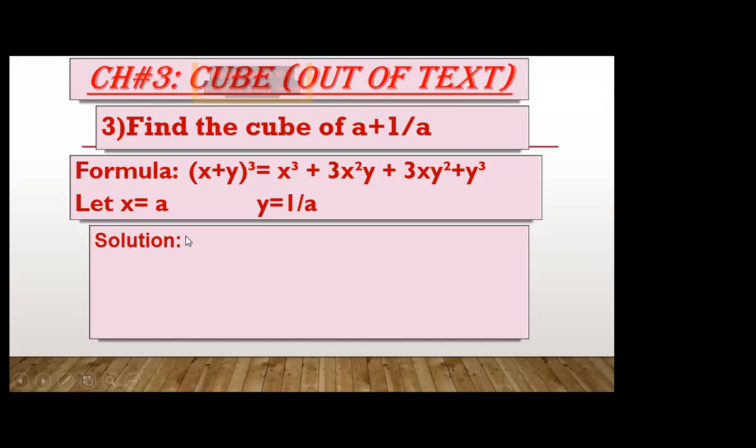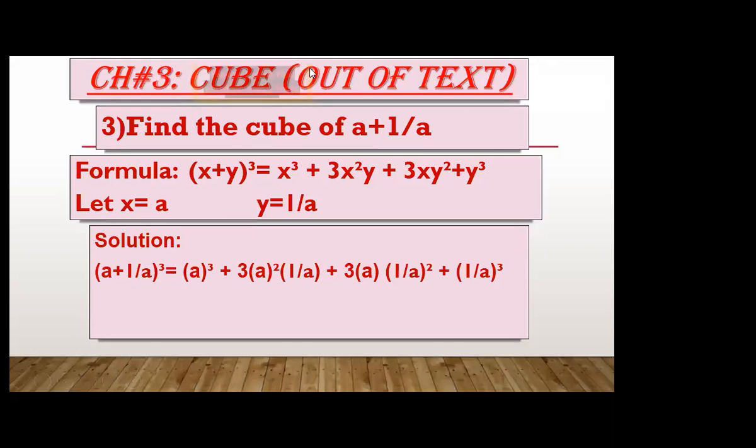So in the solution we get a plus 1 over a whole cube. This is equal to what? First term is a cube, then plus 3 from the formula, then x square means a square, then the second term is 1 over a. Kindly write down the value of y within the bracket, then plus 3 from the formula, right?